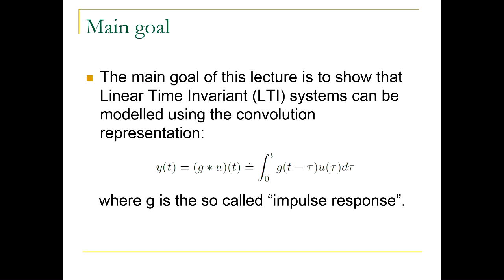Does anyone know what is the name of this function g? If you've seen convolution, you may have also talked about what g is. It is related to the transfer function, but it is not a transfer function.